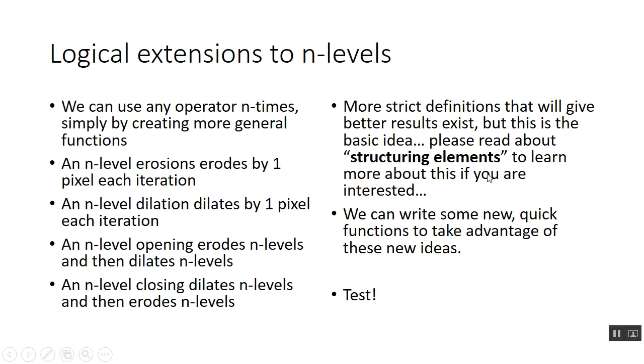But I didn't do that because it takes longer to talk about in the way I think about it. So if you're interested in this stuff, go read up on structuring elements for erosion and dilation, and you can get more sophisticated. Also recommend the book by E.R. Davies called Machine Vision. That's an excellent book on the topic.